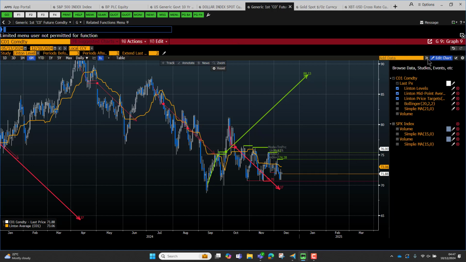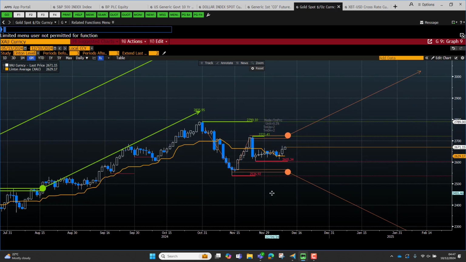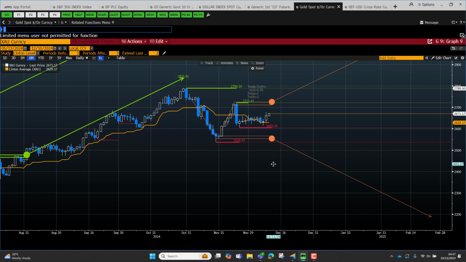So taking a look at gold, this one's a very interesting one at the moment. We've got 2 unactivated targets. This target is, if we make a new high above this level, 27.21, this target turns green, becomes a solid green. We'll put the price on the target. If we move below this level, then that target will be activated and it will turn red.